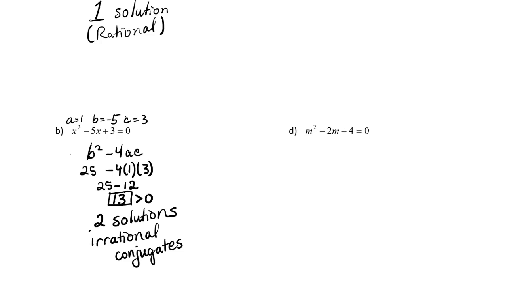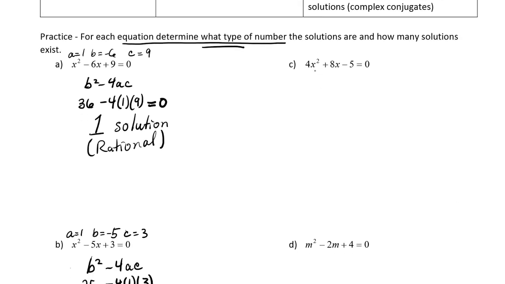Now let's try C. We have 4x squared plus 8x minus 5 equals 0. A equals 4, b equals 8, and c equals -5. Using our discriminant b squared minus 4ac, we can see that b squared would be 64 minus 4 times 4 times -5.